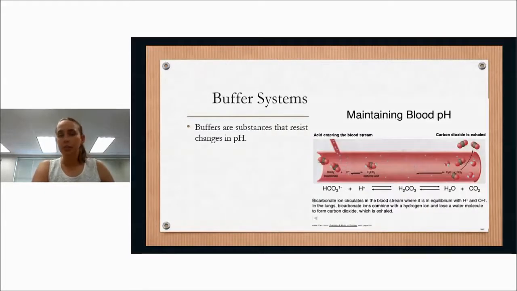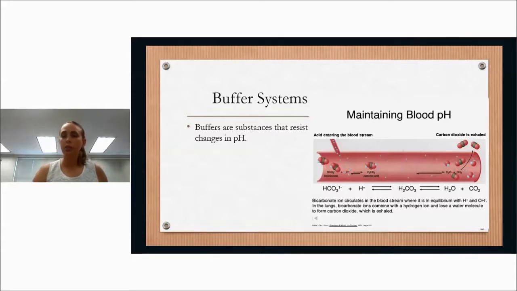So the buffers are substances that resist change in pH, and we test those at depth in lab. This picture shows hydrogen ions entering the bloodstream and making things more acidic, and the buffer right here grabbing those hydrogen ions and binding to them. Those molecules within that then get made into water molecules and carbon dioxide, and the carbon dioxide is able to be exhaled.